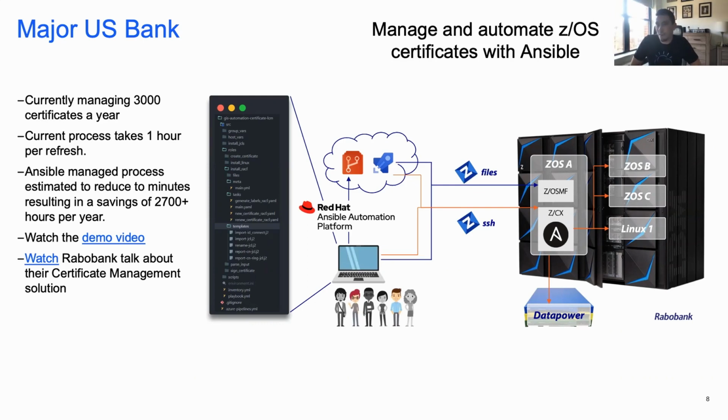And that was taking them on average, before implementing an Ansible automation strategy, about an hour per refresh for each of the 3,000 certificates, right? So we're talking about a significant time investment when it comes to this time of year where we have to renew all our certificates. Through the help of our team and a POC we worked on with this customer, we've saved that customer over 2,700 hours per year by bringing that refresh process down to minutes from an hour.